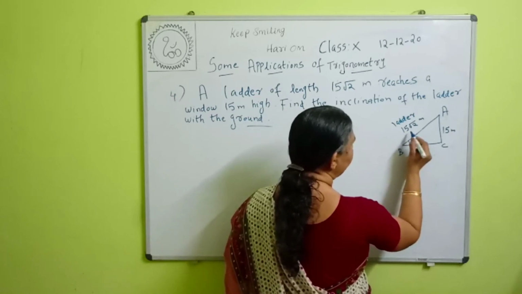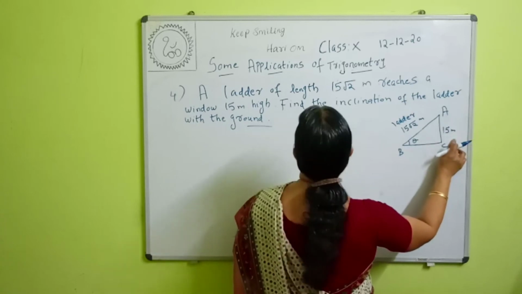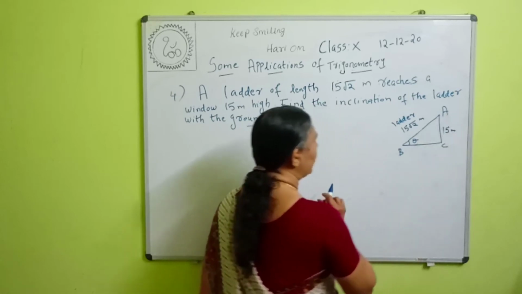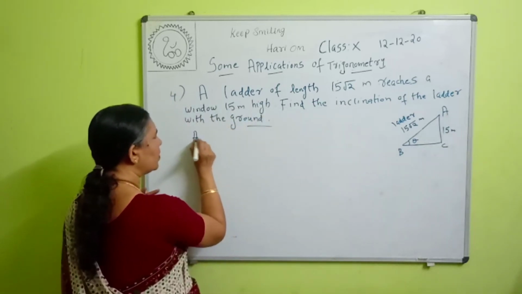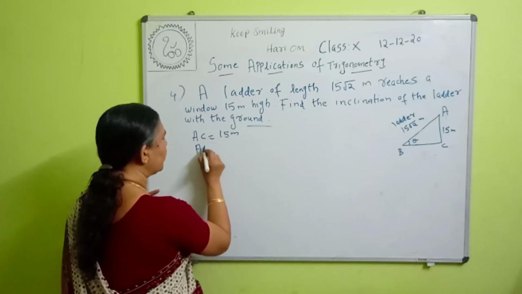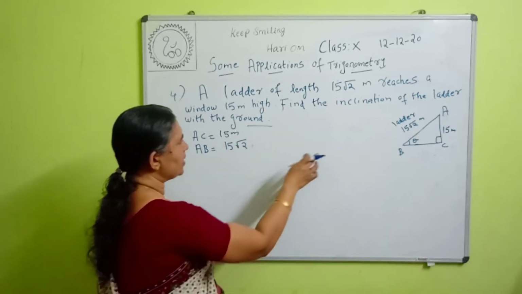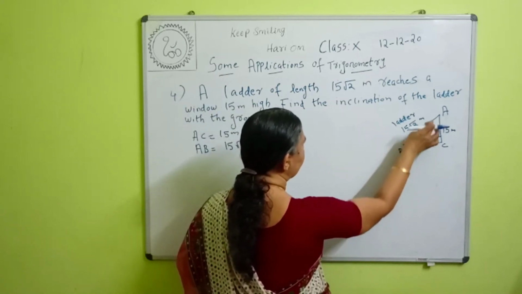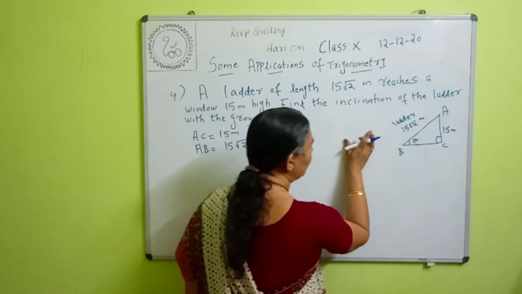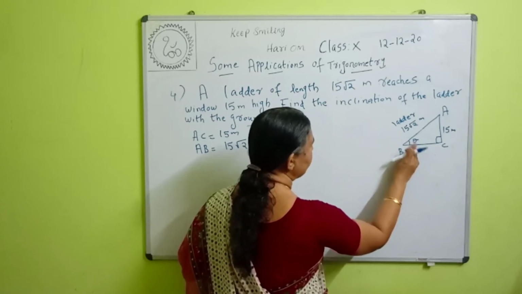The length of the ladder is 15 root 2 meter and it reaches a window 15 meter high. Then AC is equal to 15 meter and AB is equal to 15 root 2 meter. You are asked to find the inclination of the ladder, that is theta.